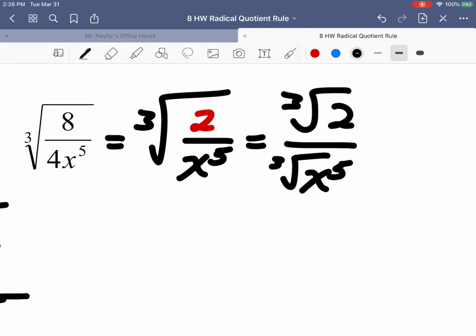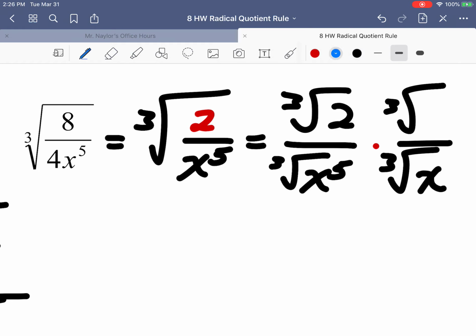Now, the complex part is to realize that there's a radical in the denominator. And you might say, well, what am I going to multiply by? Well, you actually can multiply by just a little bit more x so that you can make that x to the 5 turn into an x to the 6.